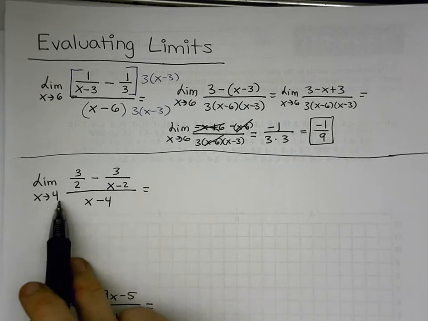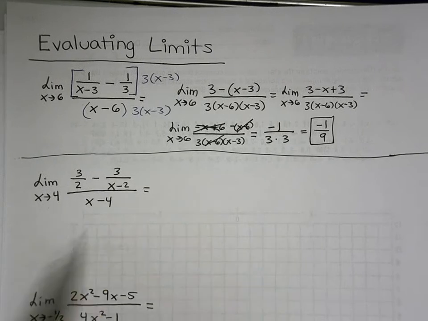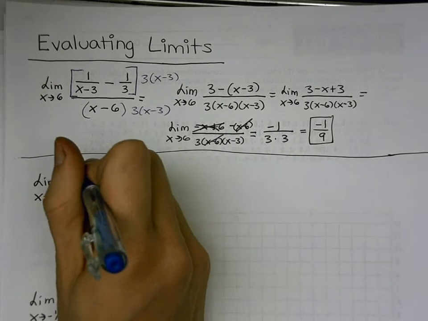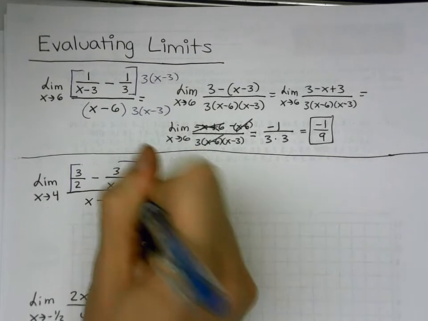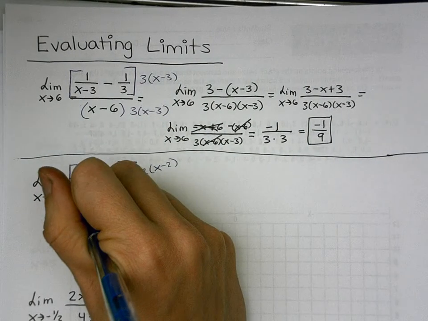Okay, plugging in 4, we have 3/2 minus 3/2, which is 0 over 0, so we can't have 0 over 0, so we're looking at what else can I do. I can multiply top and bottom by 2 times x minus 2.